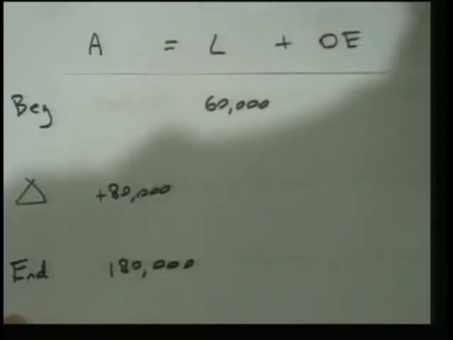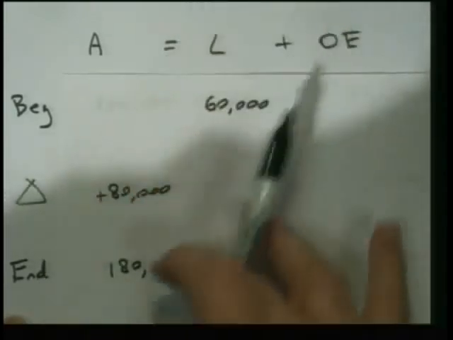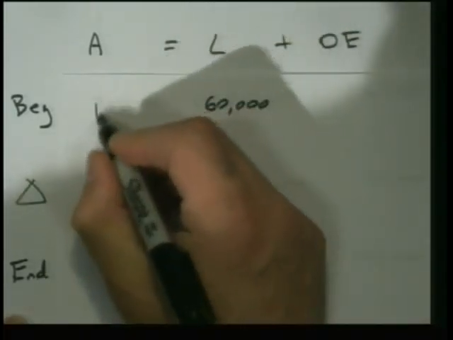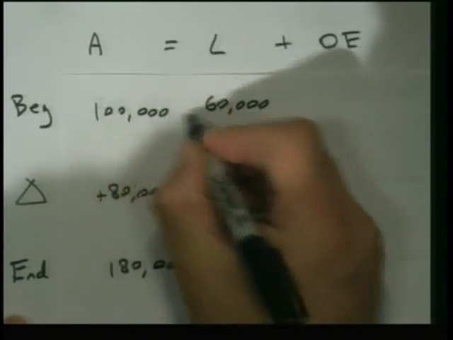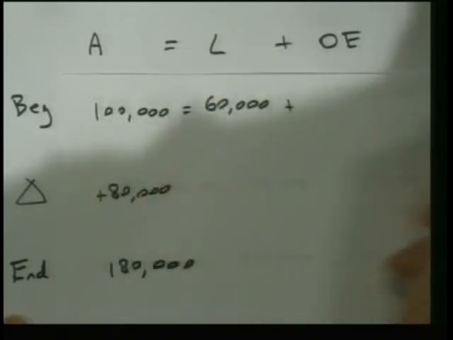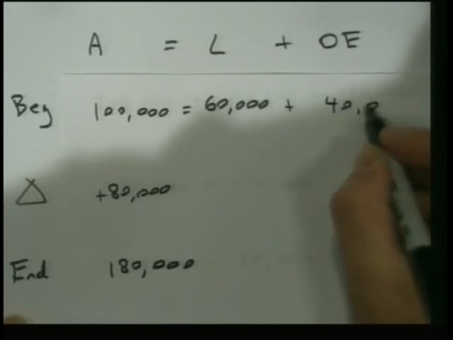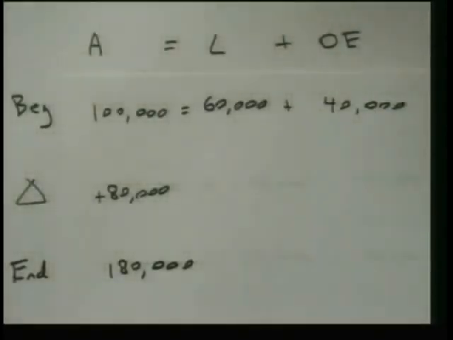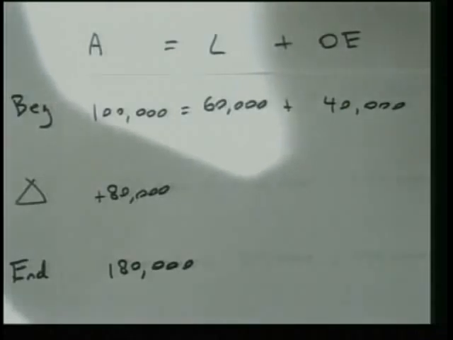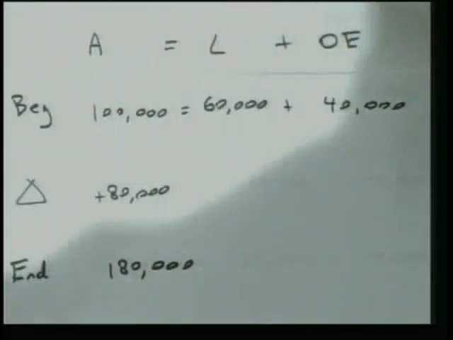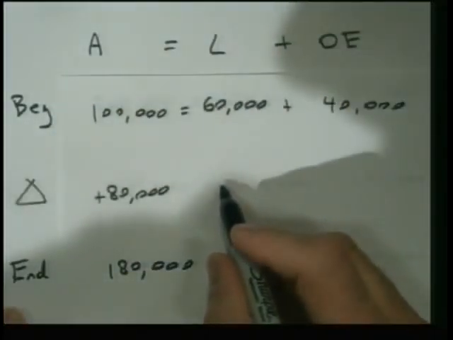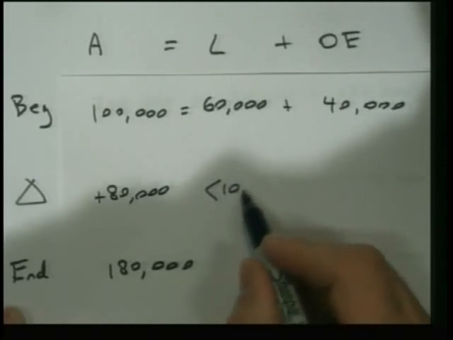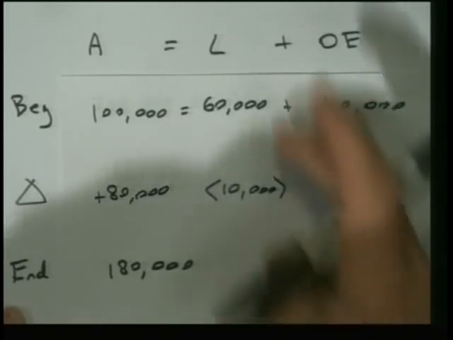Okay, well, let's start filling in what we know. What plus 80 equals 180? This is 100, right? Well, that equals that plus what? 40? Okay. Let's see what else they tell us. Liabilities decrease $10,000 during the year, correct? So liabilities go down by 10,000.